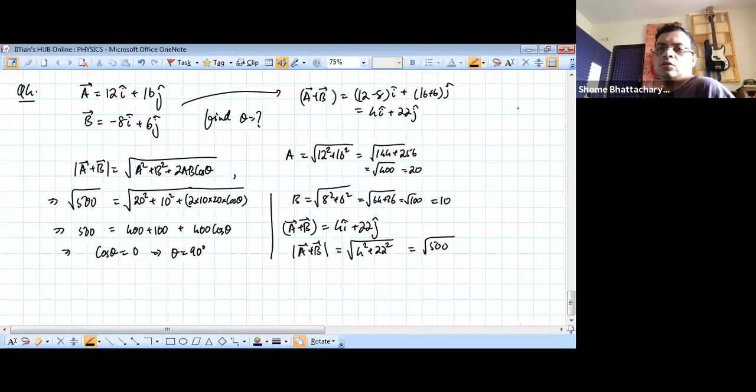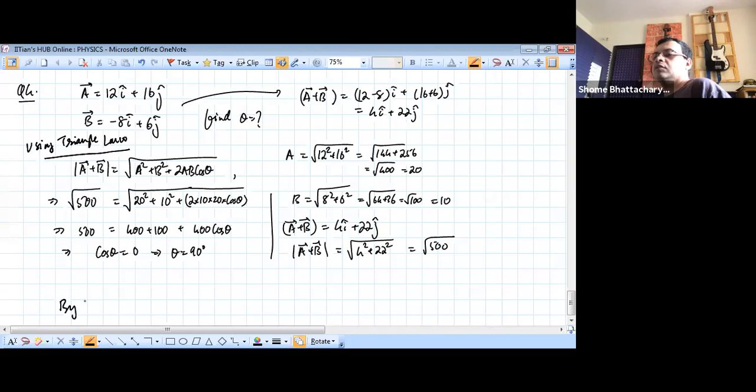Okay, good. Udit and Varun, you have spotted the question correctly. Anyone has done this question by some other method? This is to find theta.